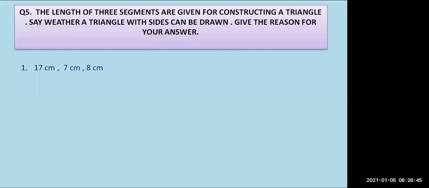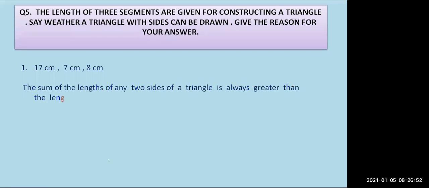Okay, let's see. We will just recollect what property we have seen. The property was: the sum of the length of any two sides of a triangle is always greater than the length of the third side. That means if I'm adding any two sides, sum means addition.